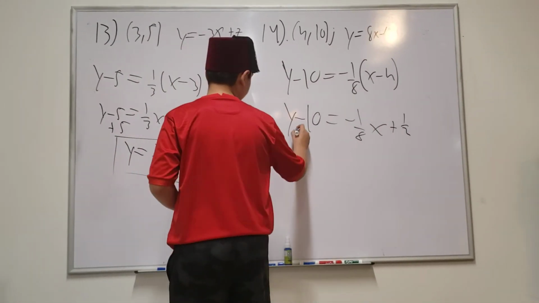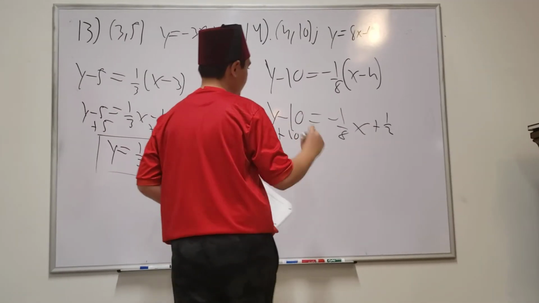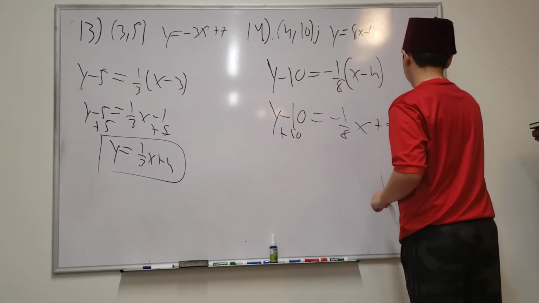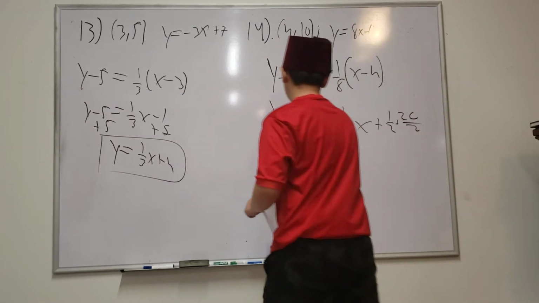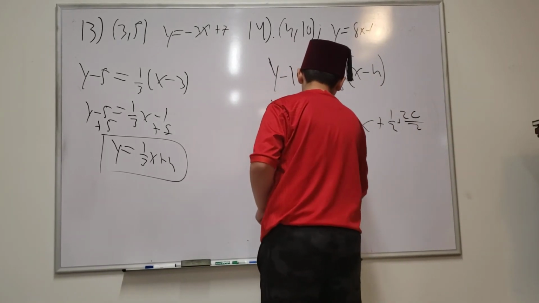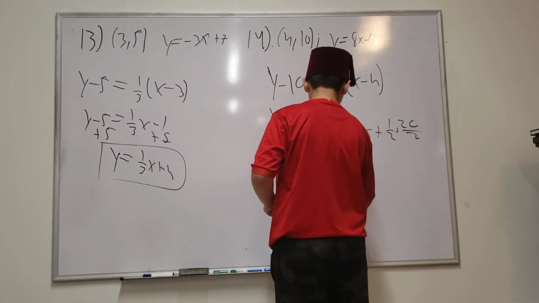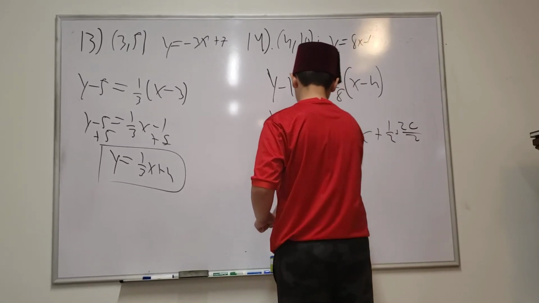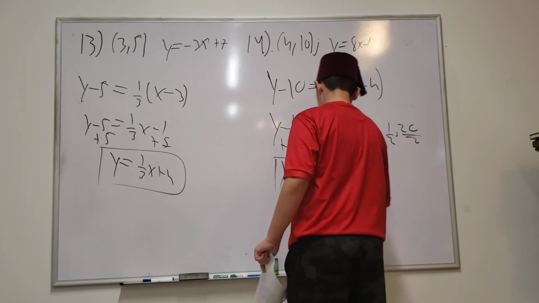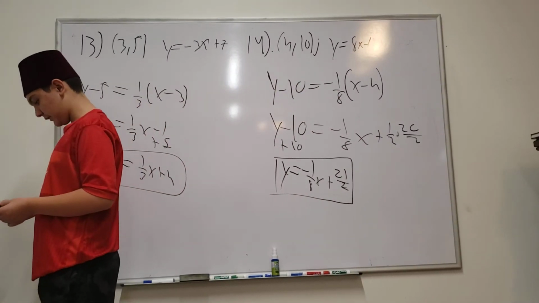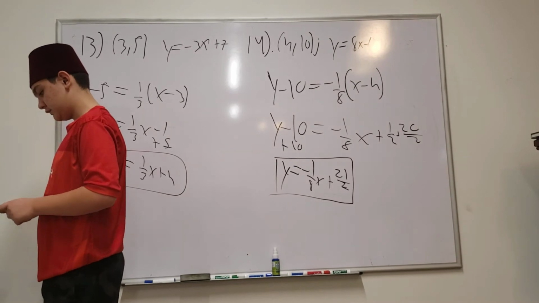So we're going to add 10 to both sides. That gives us y equals negative 1/8 x plus 21 over 2. Alright, and that's that for that problem set.